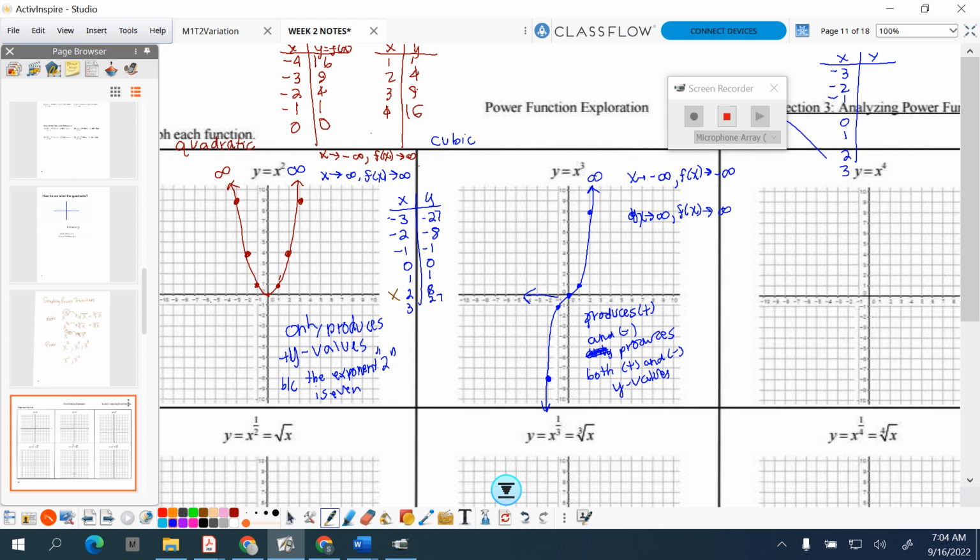Alright? So I have 81, it's positive, 16, positive, 1, 0, 1, 16, and 81. So these are really big numbers. So that's why I kind of kept them very small.